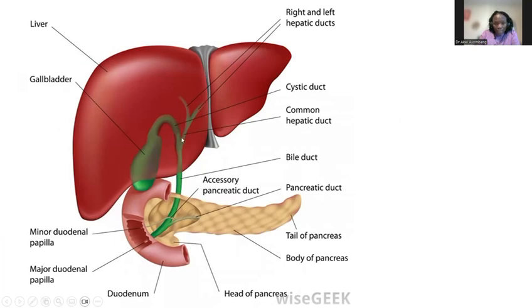When they join, it forms what's known as the common bile duct. And then that comes down and opens into the small bowel. So when bile is flowing, it flows all the way through this duct and then comes out here into the small bowel. And then the pancreas also has a pipe, which is known as the pancreatic duct.